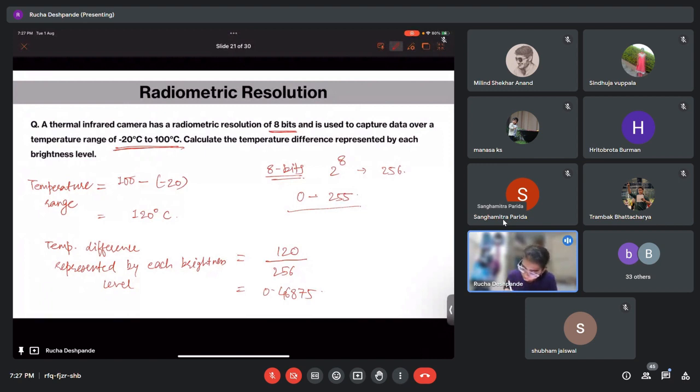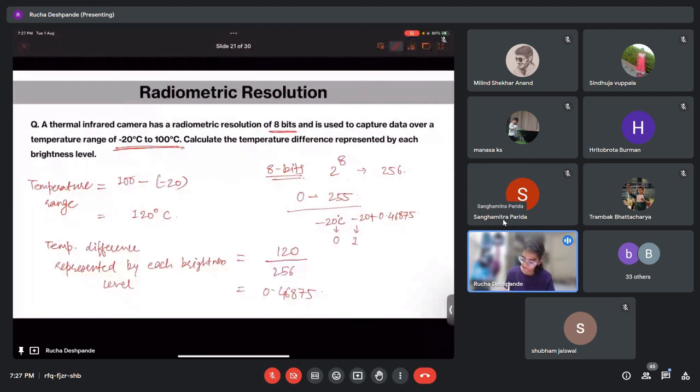So your temperature at -20 degrees Celsius will have the value corresponding to 0. Then this is our increment, right? So for 1, our value will be minus 20 plus 0.46875. Whatever this is, this will be your 1.